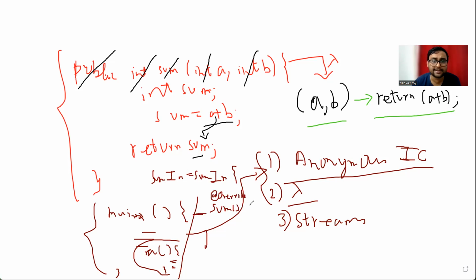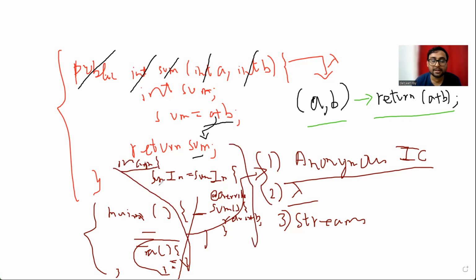Everything will be written: public int sum, and within that we are doing return A plus B. Those things will be done within that. So what we are doing, we are basically writing a method within a method. There is a main method, and within the main method, you are writing all this code. Just focus on this part.